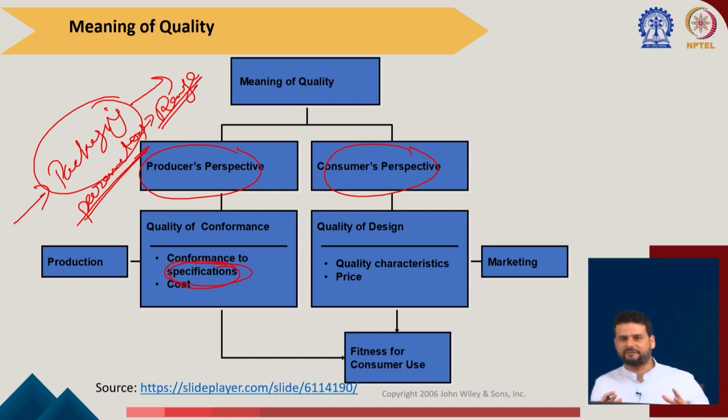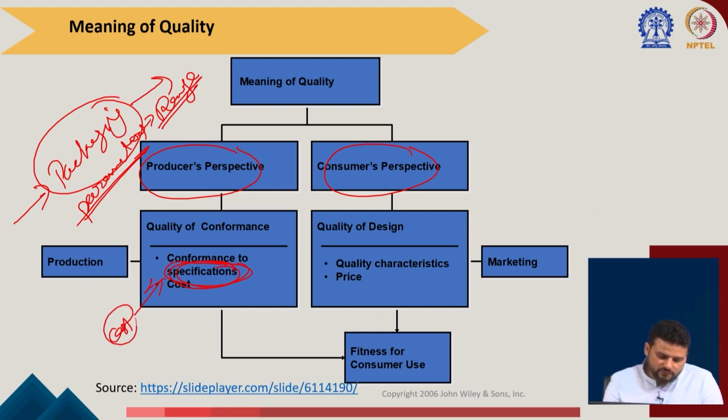So that range we are defining, right. So conformance to specification means you are meeting the predefined specification, that means you are meeting the quality standards. Then at what cost you are meeting those quality standards will define your cost function and obviously will affect your price and your profit and margins as well, right.